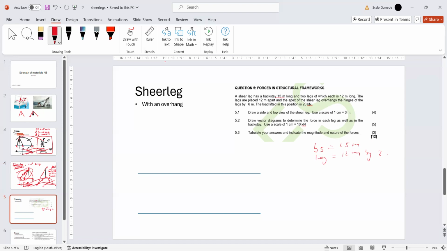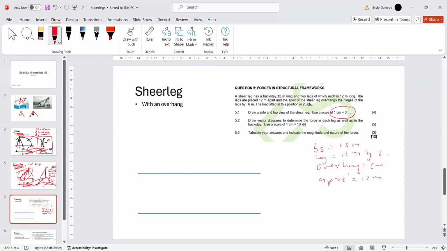We are going to see that the apex of the shear leg overhangs the hinges of the legs by 6 meters. So there's an overhang. And the legs are apart by 12 meters.